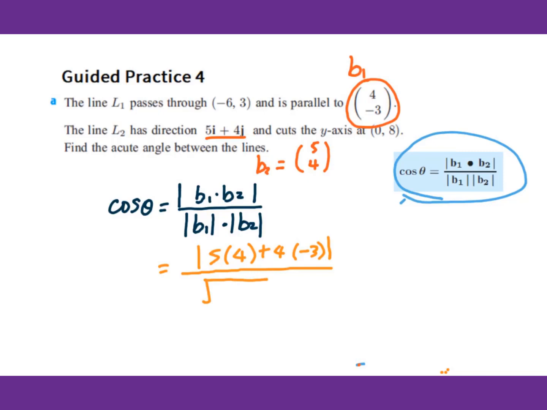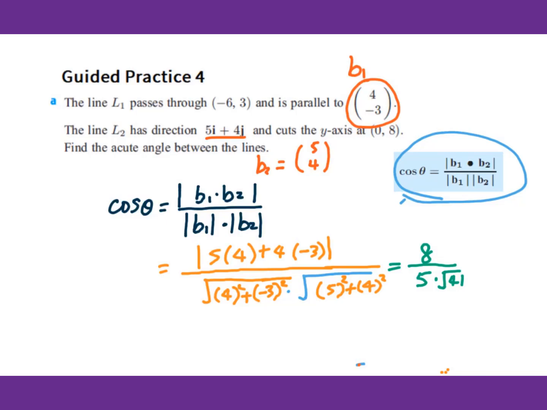And then for the magnitude of B1, that's the square root of 4 squared plus negative 3 squared. For B2, the square root of 5 squared plus 4 squared. So we will get 8 over 5 times the square root of 41, since the square root of 25 is 5 and 25 plus 16 is 41.